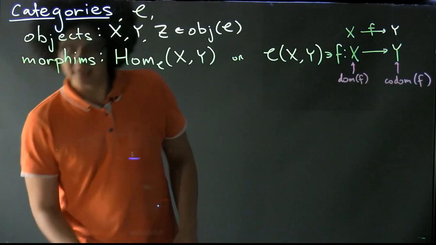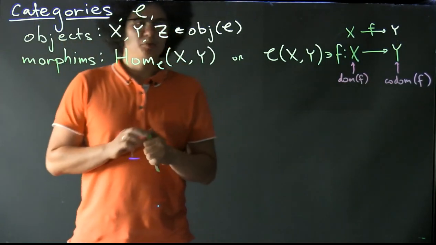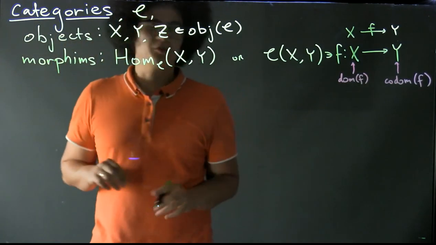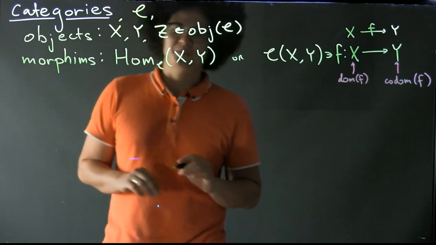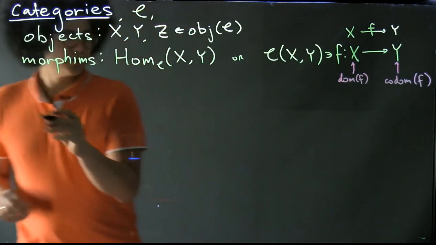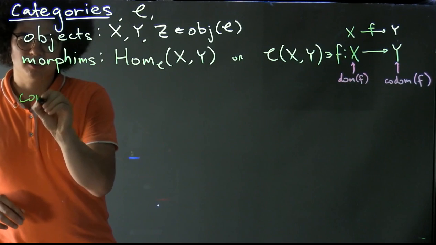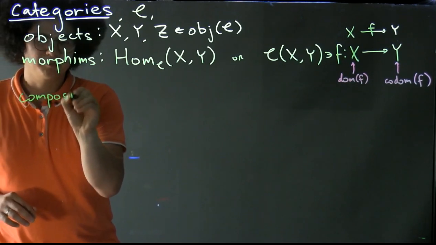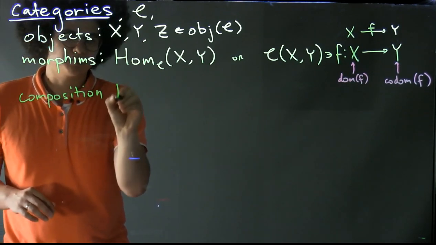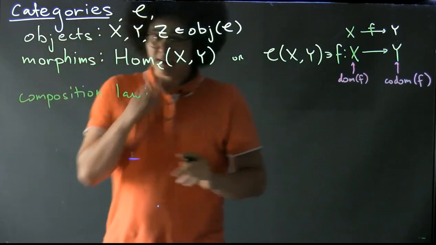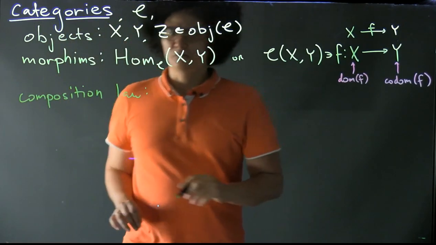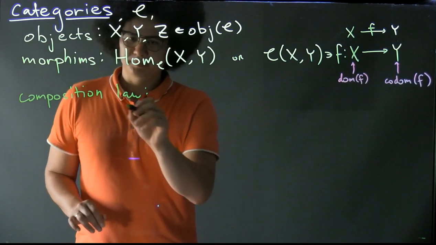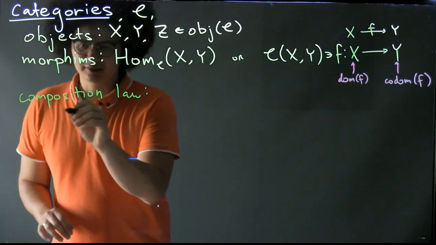All right. And now we want our objects and morphisms, well, particular morphisms to satisfy a couple of things. So first we want a composition law. And that is, for each triple of objects, we want a function.